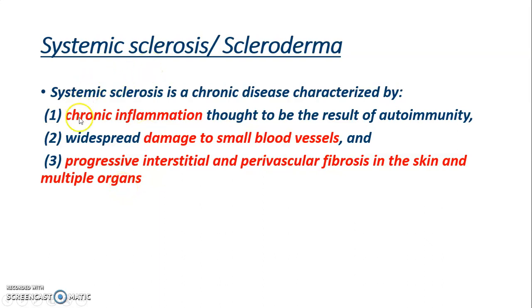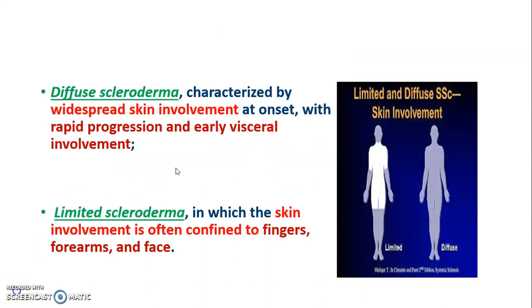So it is characterized by chronic inflammation, then damage to blood vessels, and progressive fibrosis, interstitial as well as perivascular, in the skin and multiple organs.